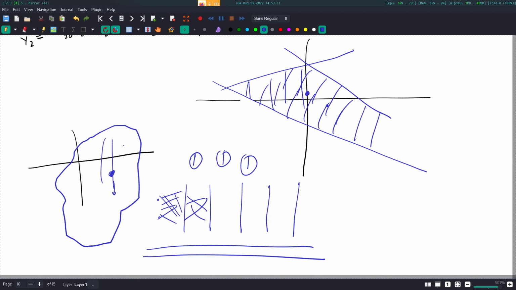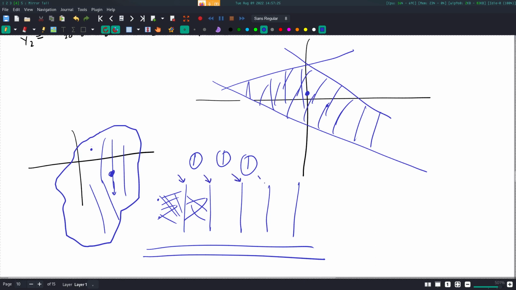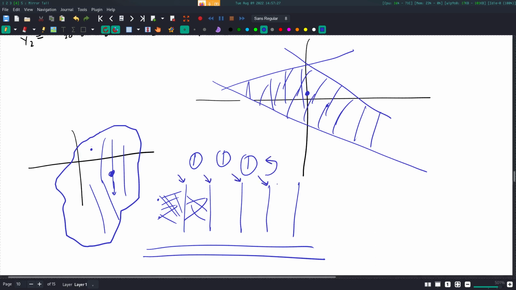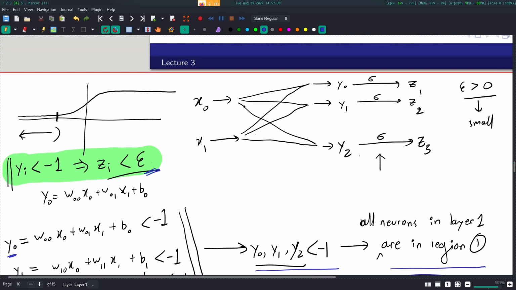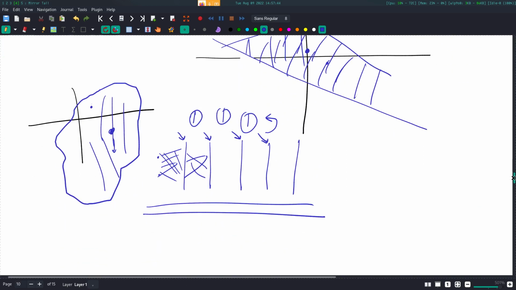In such a region, if you take any point, the inputs to all your activation functions in all the layers are going to be in region number one. I showed it in detail for a network with one hidden layer, but this generalizes to any more complicated network.